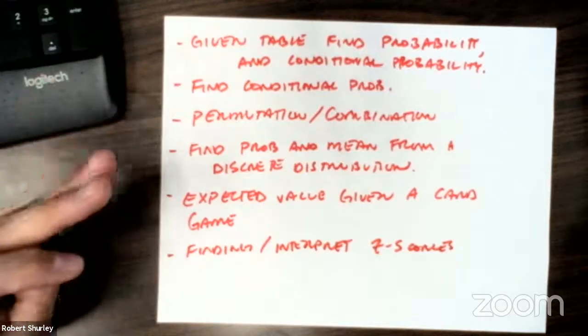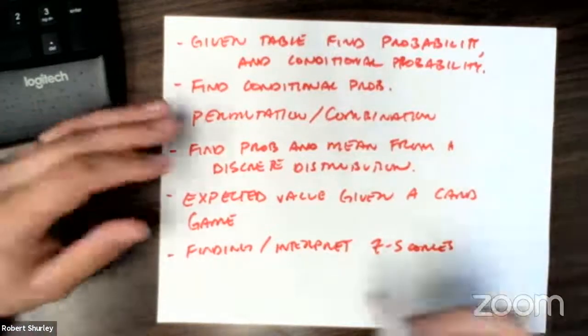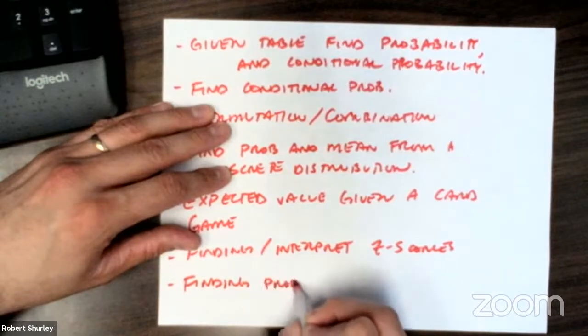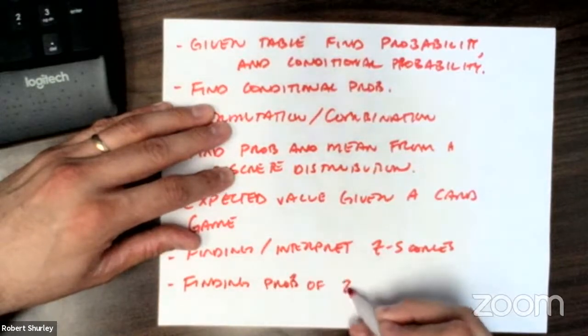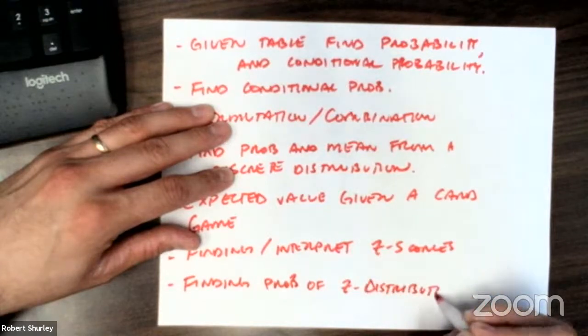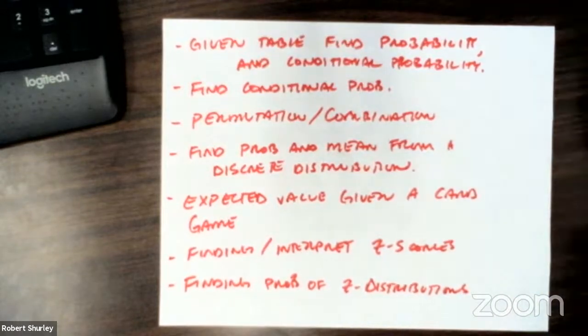And then, finding probabilities of z distributions. That's like if I gave you the mean and I give you the sample size and I give you the population standard deviation, what's the probability something's greater than a number or less than a number, right? That was the stuff we did towards the end, really more test 4 stuff.